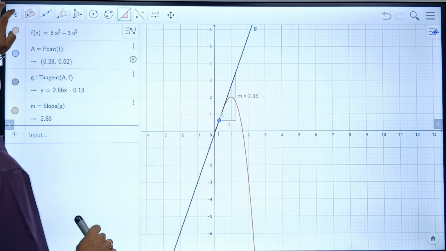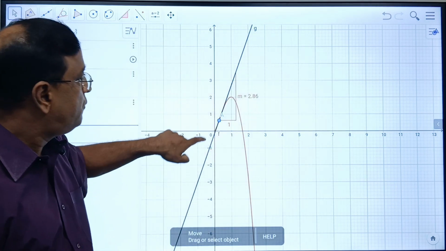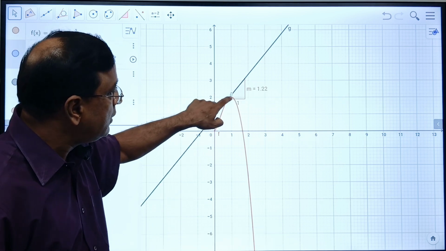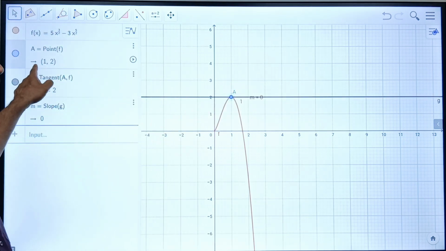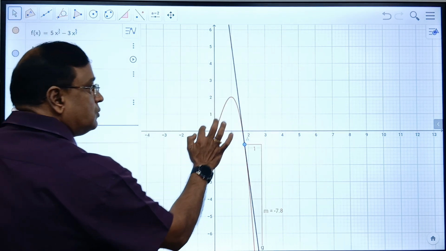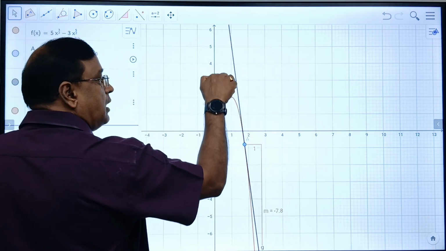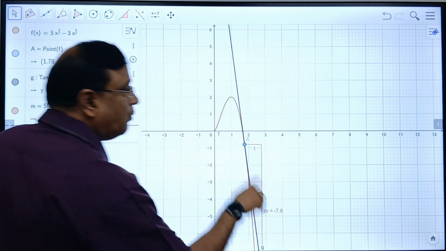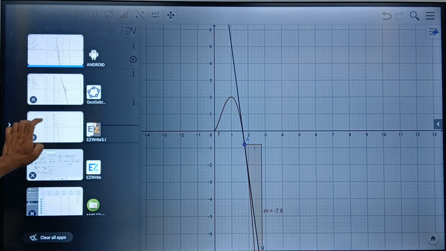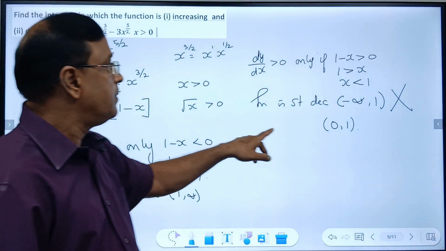You see the slope is positive from 0 onwards, positive till it reaches 1. At 1, dy/dx is 0. And then it starts decreasing. So from 0 to 1 it is increasing, and then from 1 to infinity it is decreasing. That's exactly what I got here also, right?